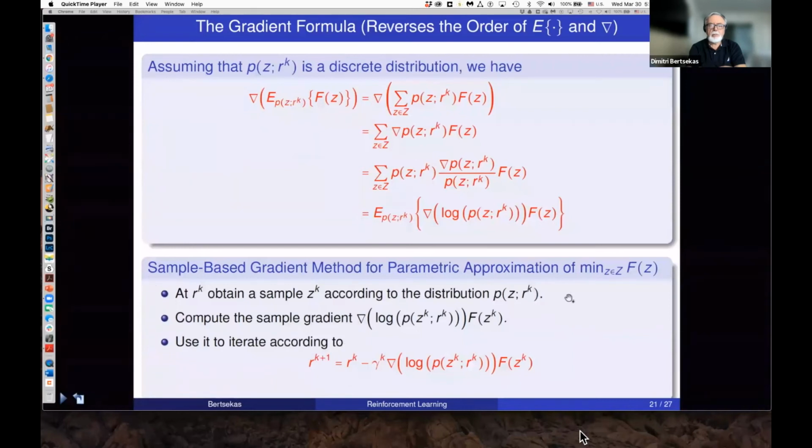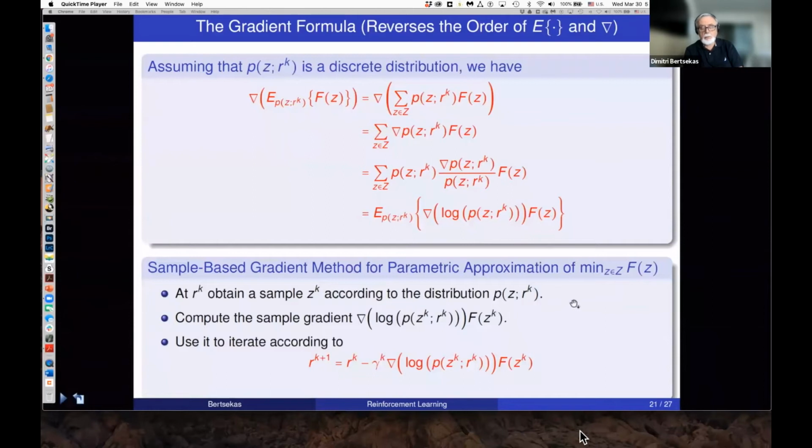Okay, so let me remind you of the generic method for solving approximately this generic minimization problem by using parametric approximation and replacing the minimization over z with minimization over a subclass of probability distributions over z parameterized by R_k.